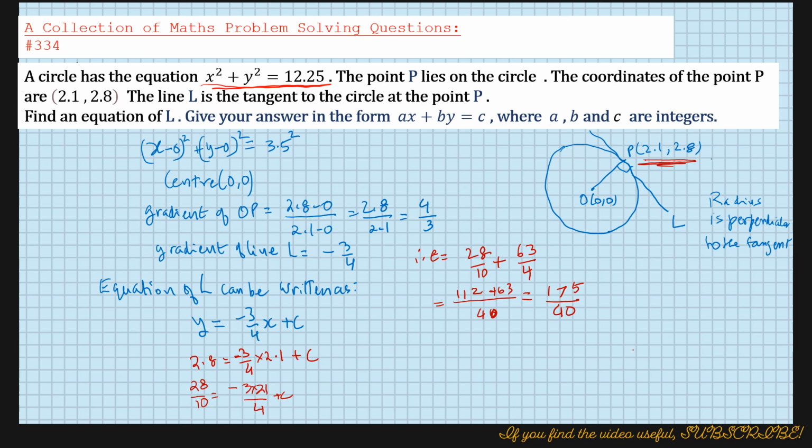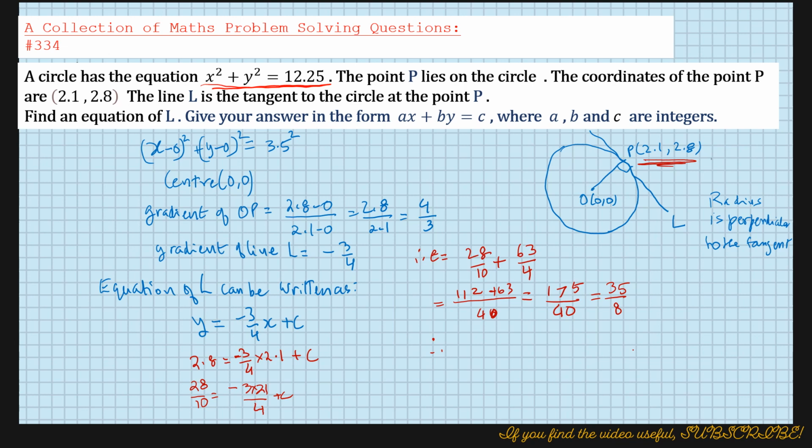If I divide by 5, 5 times 3 is 15, that gives 35/8. So we know that c is 35/8.